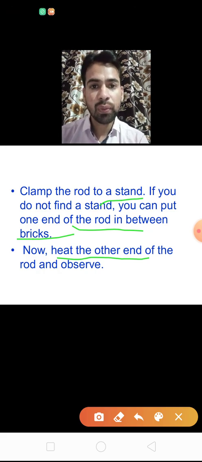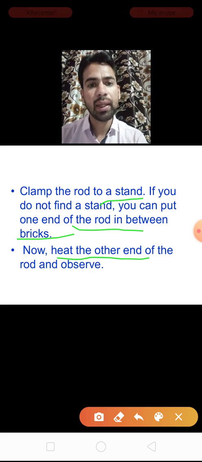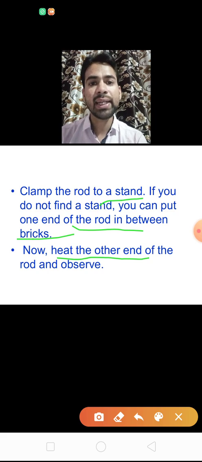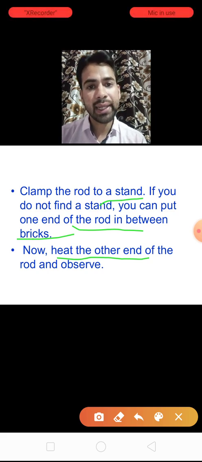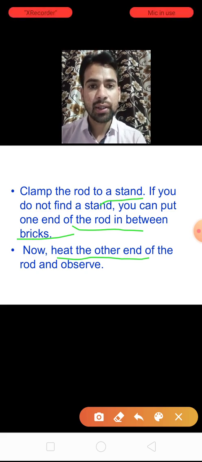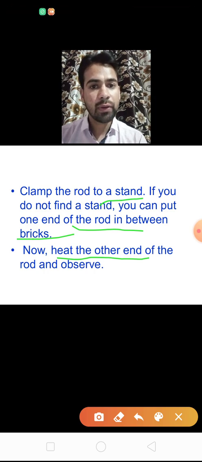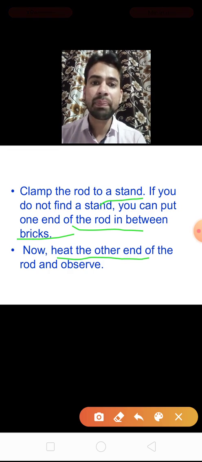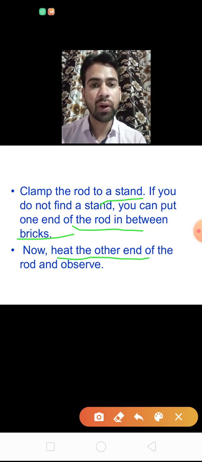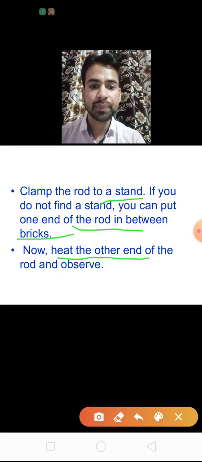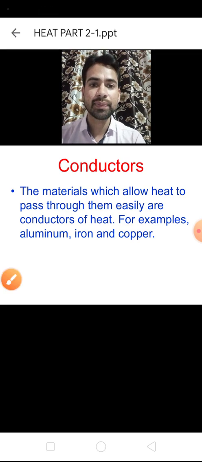When it moves, the wax pieces will melt, and we can easily observe that heat is transferred from the hotter region to the colder region. Firstly, the hot side wax pieces will melt, then slowly the cold side pieces will melt because of transfer of heat. Clear? Any problem regarding that?